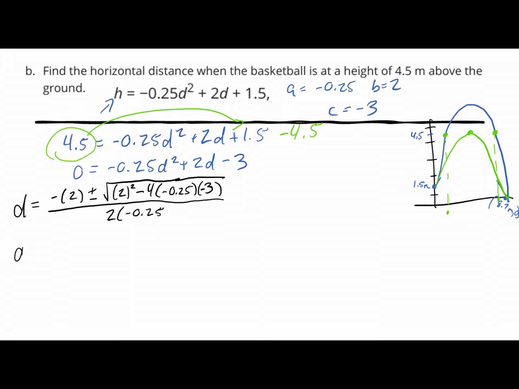So some of this we've already calculated before. We're still at negative 2 plus or minus the square root of 4. Our 4 and our negative 0.25 cancel each other out again. So we've just got the negative 3 left over there. And our bottom is the same as before with negative 0.5.